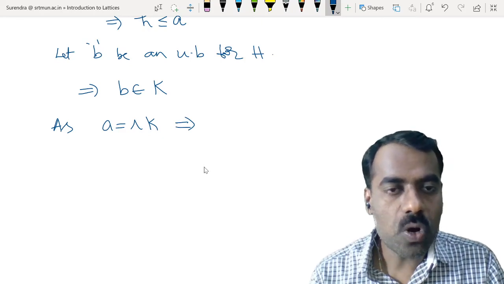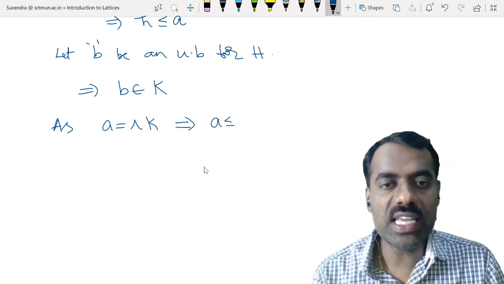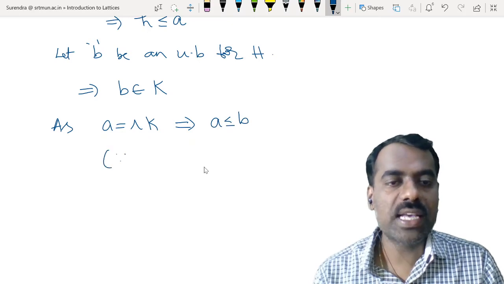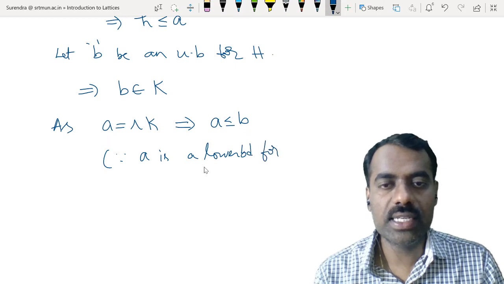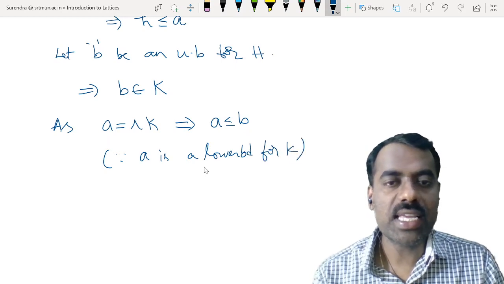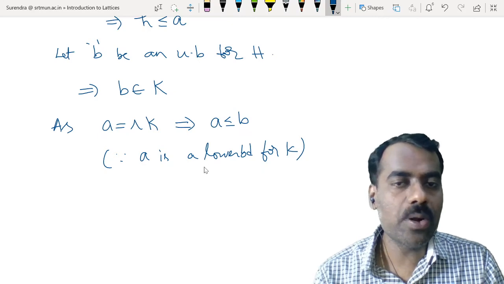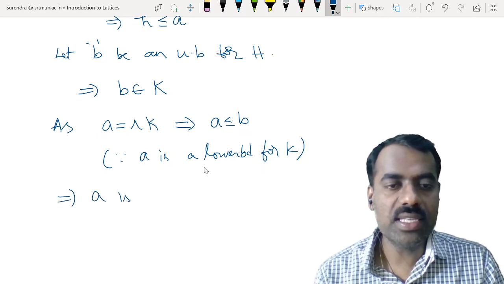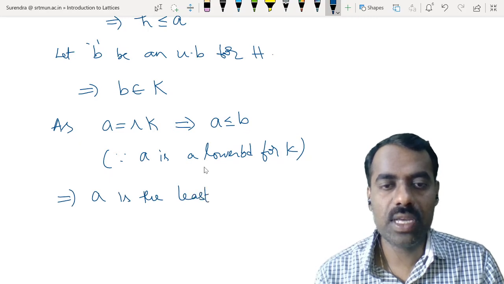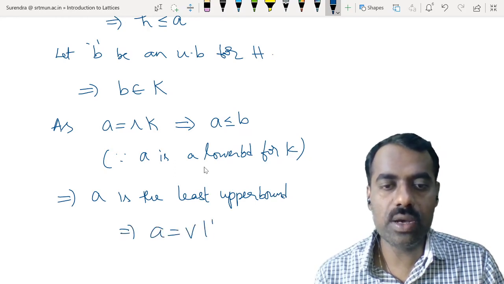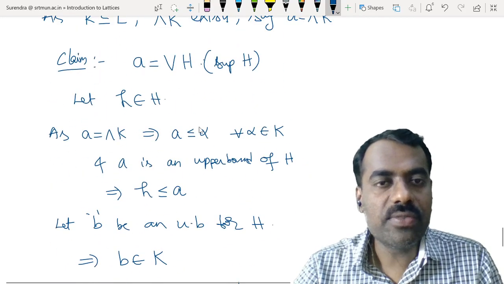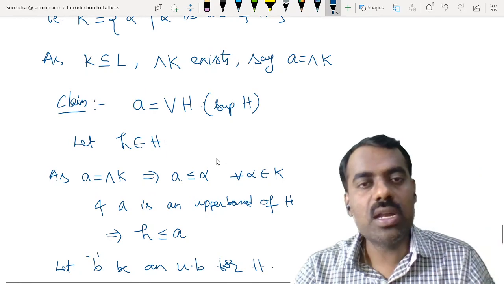A is a lower bound for K. That means A is less than or equal to B, because A is a lower bound for the set K. B is an upper bound, so this implies A is the least upper bound, right? A is the least upper bound, that is the same as saying that A is the join of H, or the supremum of H. So it is enough if the meet exists, then the join also exists.